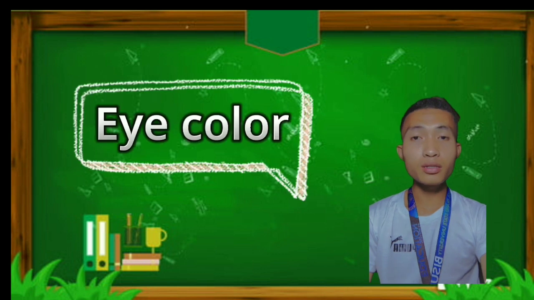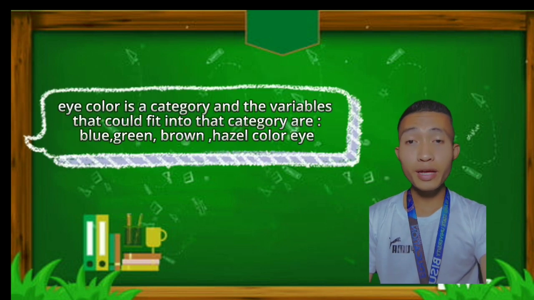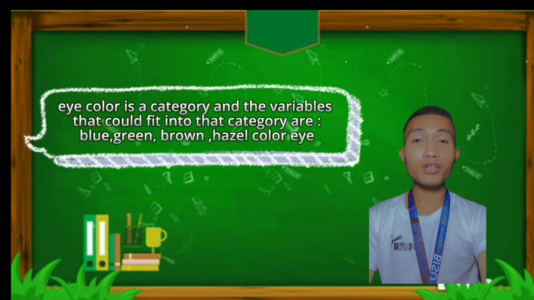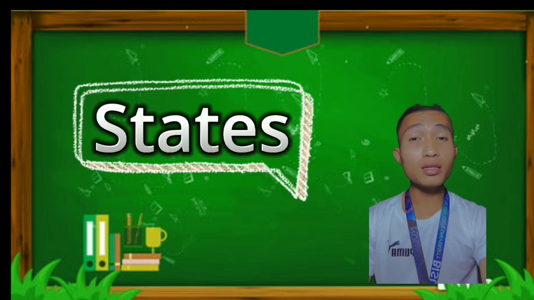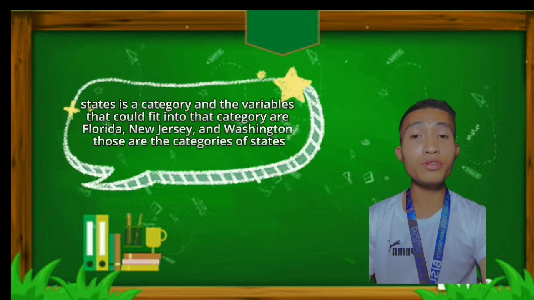So, here are some examples of a qualitative variable. The first one is eye color. Eye color is a category, and the variables that could fit into that category are blue, green, brown, hazel. The second one is states. States is a category, and the variables that could fit into that category are Florida, New Jersey, and Washington.